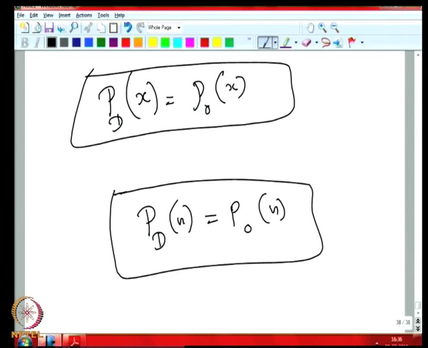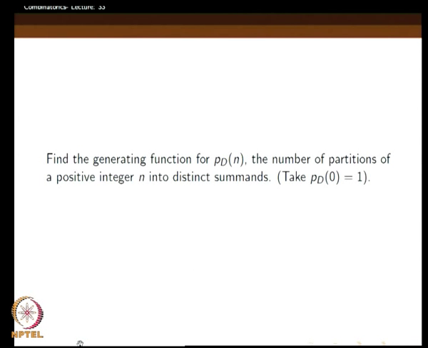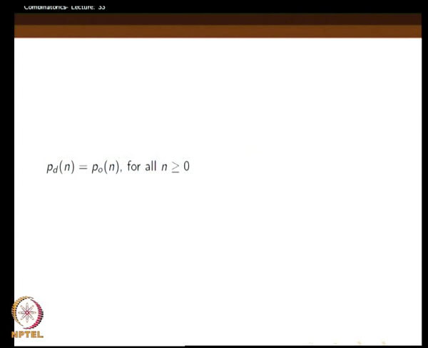Now we will look at, because now that we have talked about proving it in a different way without using generating functions, what are the other techniques available?